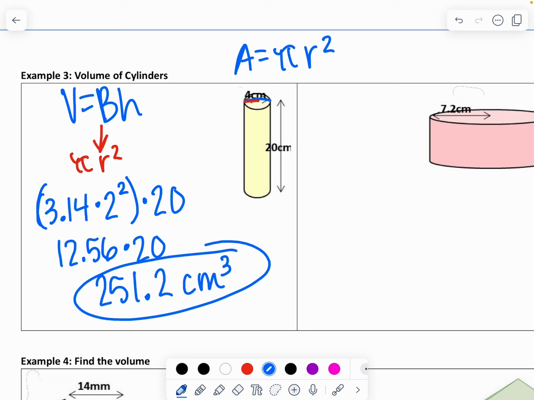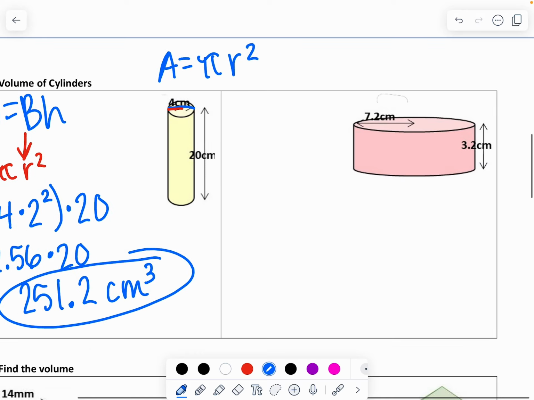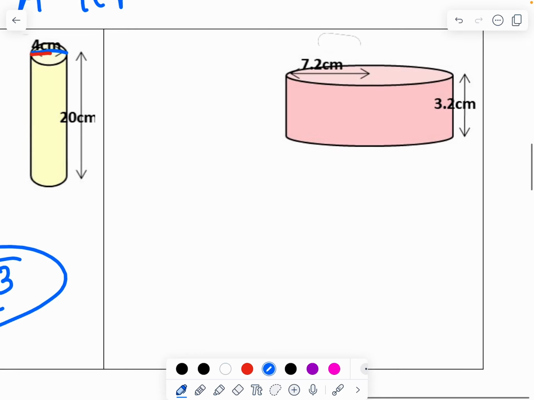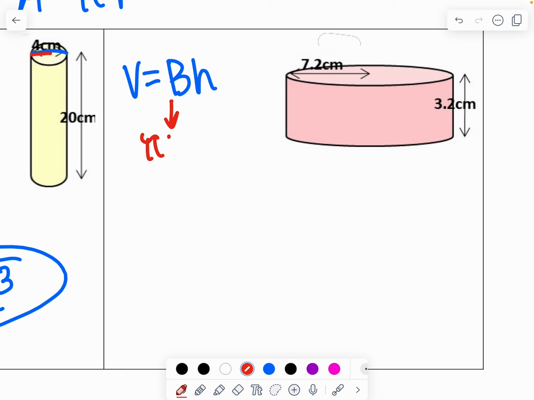Alright, so if you want, try this on your own. The only difference is that instead of giving the diameter, it's giving us the radius, so you just plug that number into your formula. So we have V equals big B times little h. And so to find the area of the base, it is going to be pi times r squared.